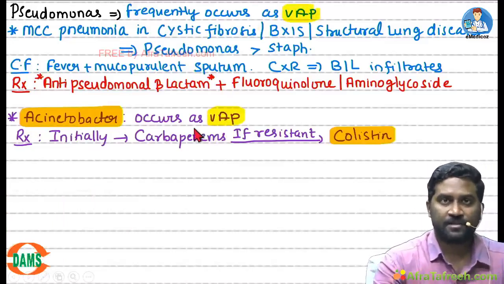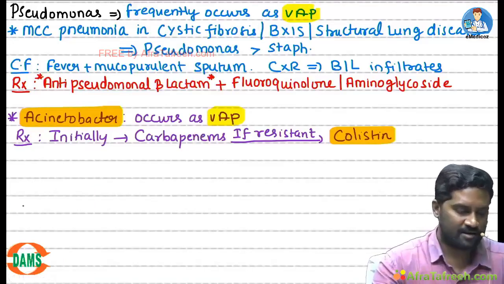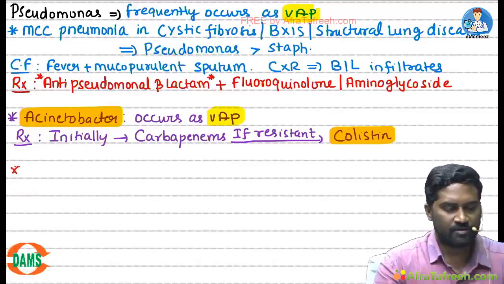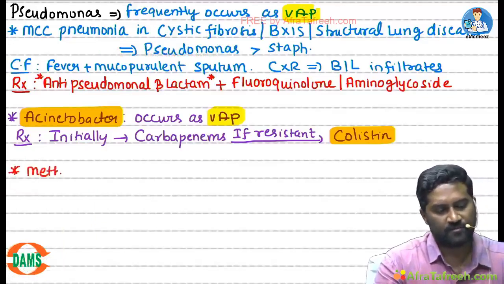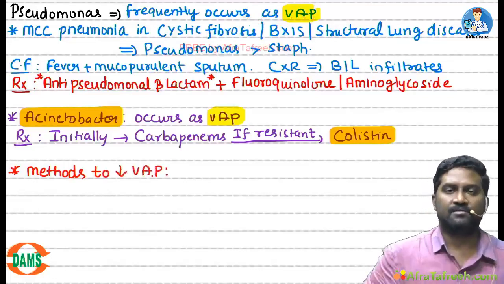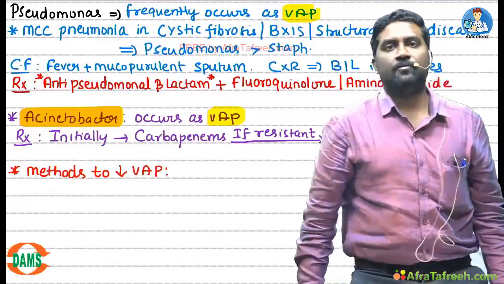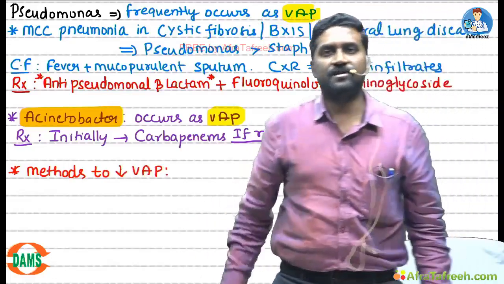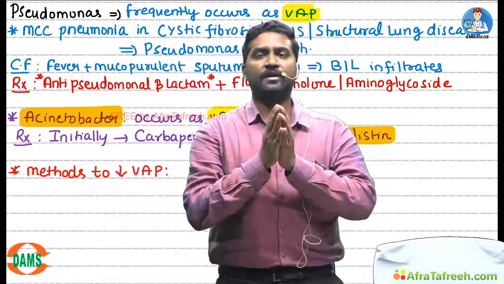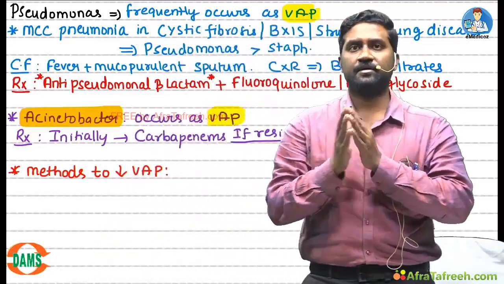Now let us see how ventilator associated pneumonia actually happens and what methods we can use to decrease its incidence. We will see the mechanisms and the methods to reduce ventilator associated pneumonia. First of all, how is it happening?